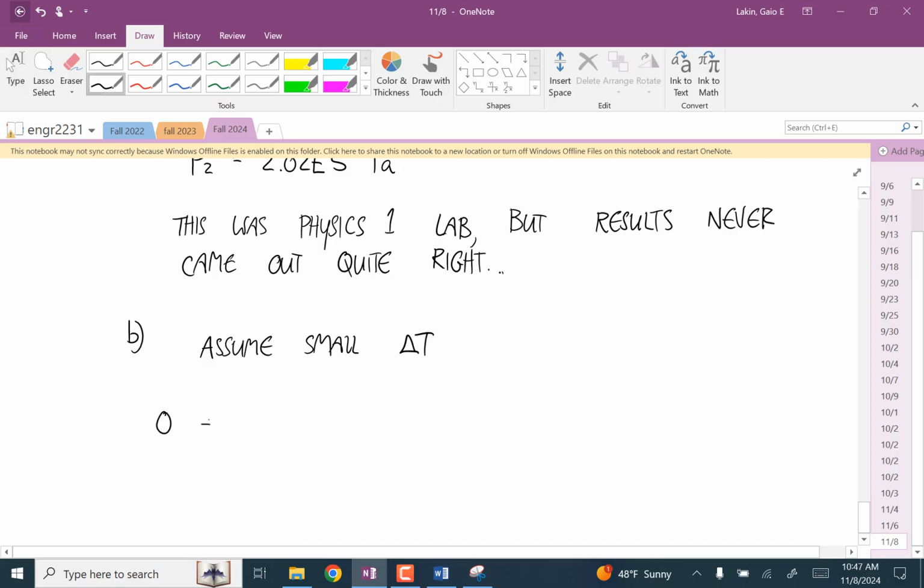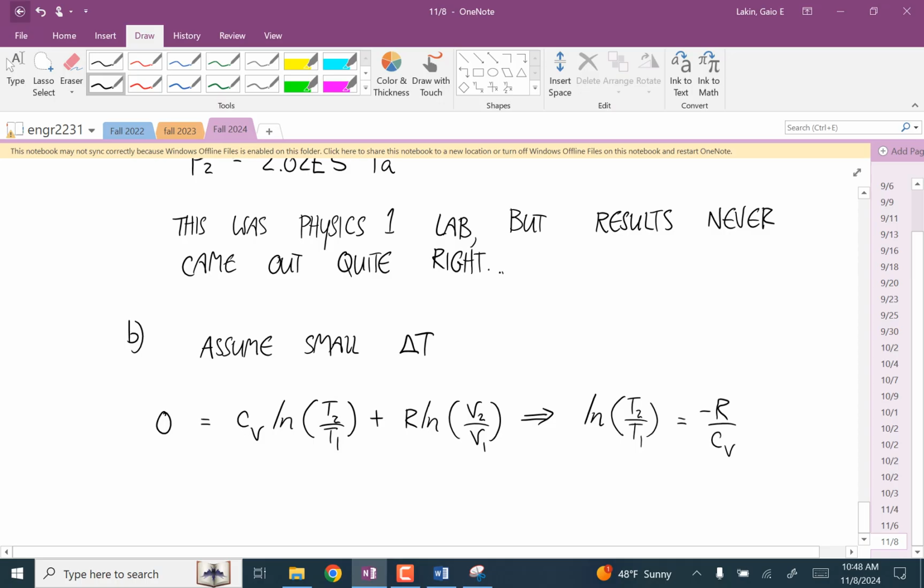We have 0 is equal to Cv times the natural log of T2 over T1 plus R natural log of V2 over V1. And so this says that the natural log of T2 over T1 is equal to negative R over Cv times the natural log of V2 over V1.